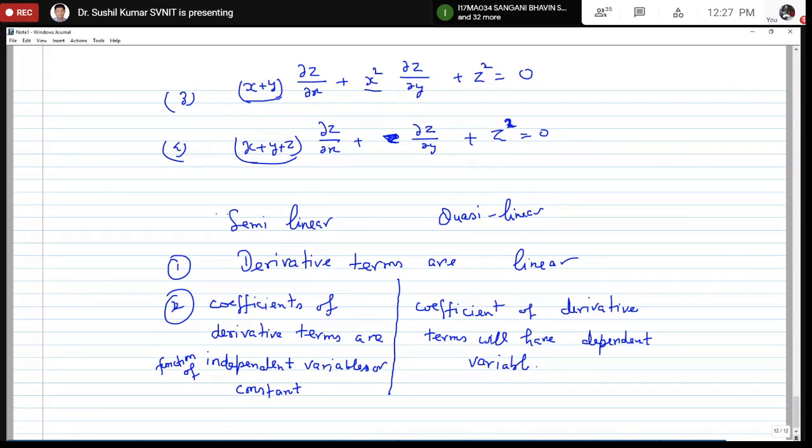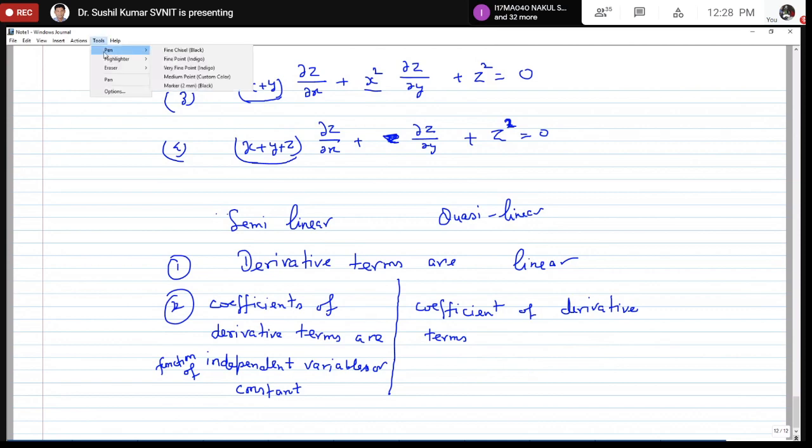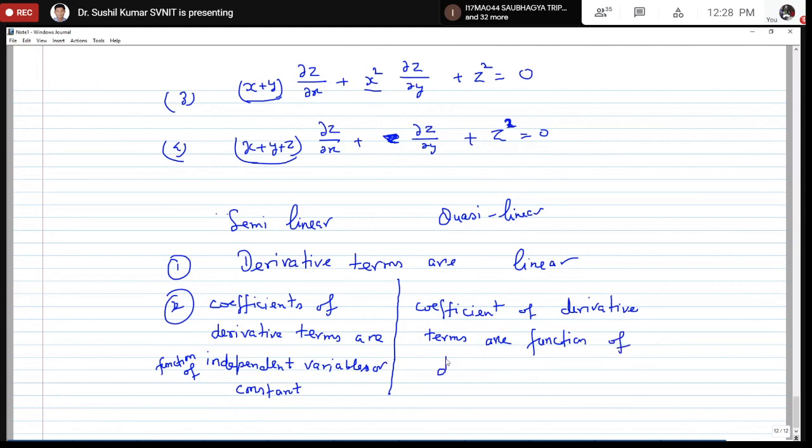Here, in this case, let me define it: coefficients of derivative terms are functions of the dependent variable.